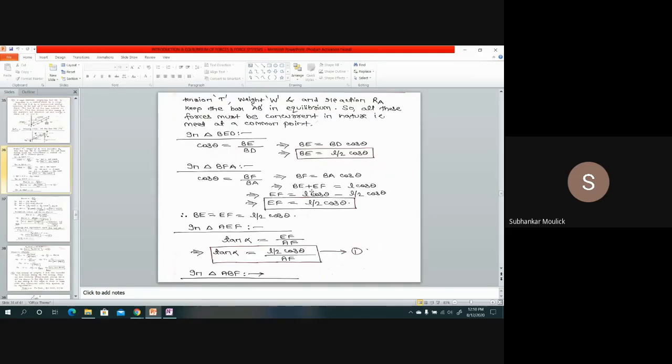So EF will be equal to L cos theta minus BE. BE is L by 2 cos theta, so EF will be L cos theta minus L by 2 cos theta. 1 minus half is half, so EF is equal to L by 2 cos theta. Is it clear how I have calculated BE and how I have calculated EF? Does anyone have any doubt in this?